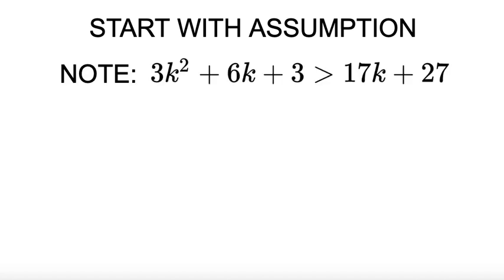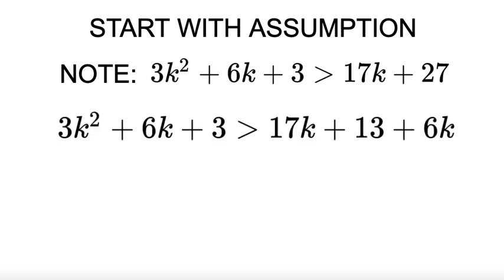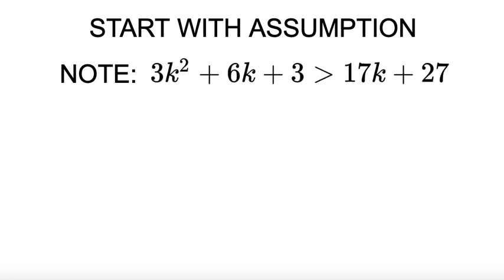Note that 3k squared plus 6k plus 3 is greater than 17k plus 27. So this is what we got from n equals k plus 1 initially. But in this case, we have 3k squared plus 6k plus 3 is greater than 17k plus 13 plus 6k. How can we get this to look like this?